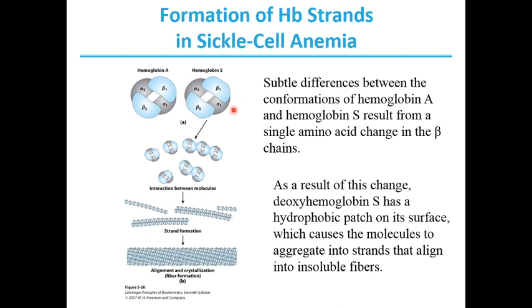This makes hemoglobin S sticky, and it sticks to other hemoglobin S molecules and forms these strands, resulting in the formation of a fiber. This results in the formation of this disease.